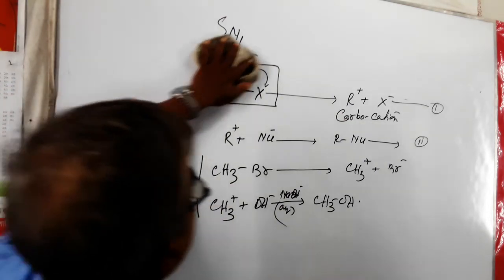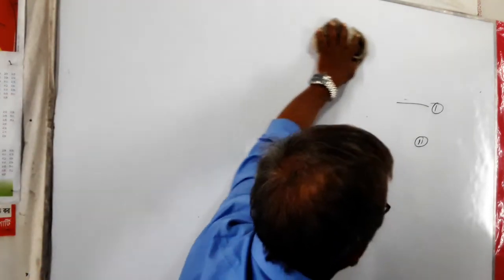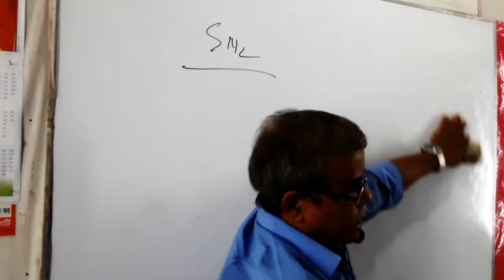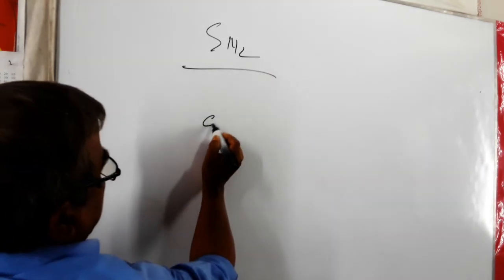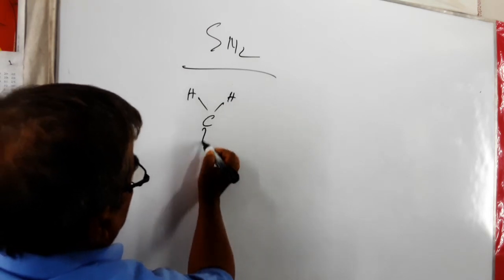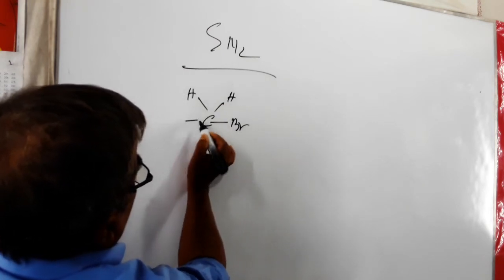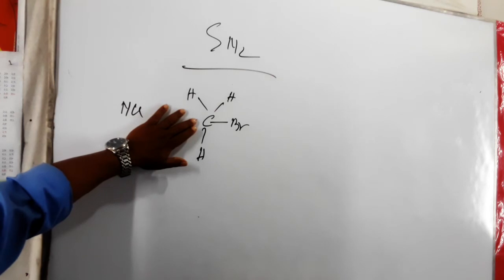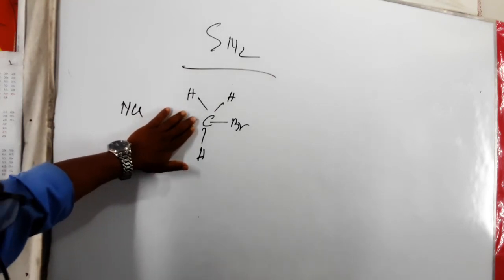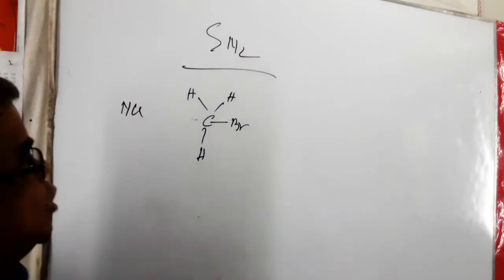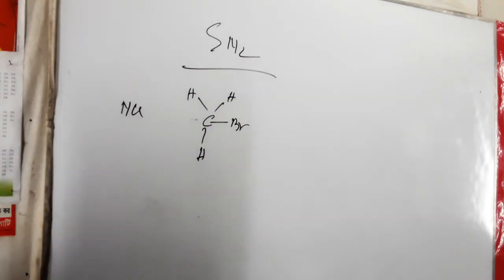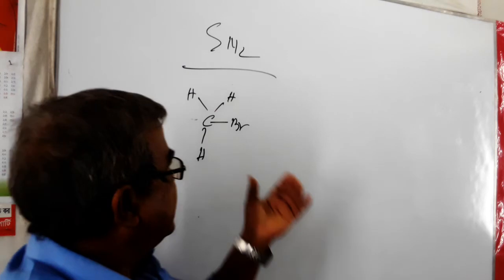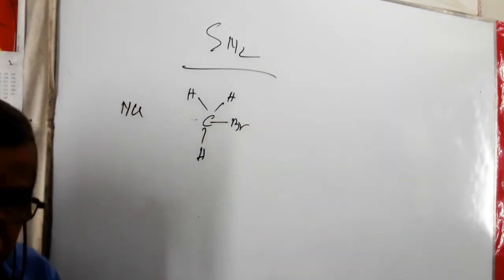In the case of the SN2 reaction, consider a primary (1 degree) alkyl halide, because in this case electron density will be larger, because of the absence of methyl radicals. If there is any methyl radical, then electron density will be less.